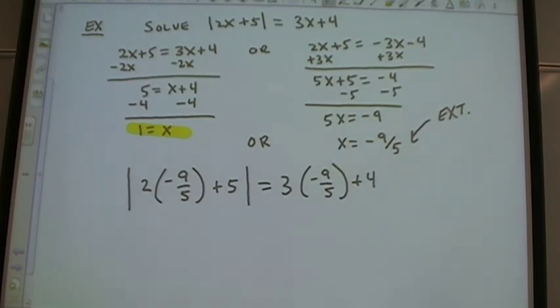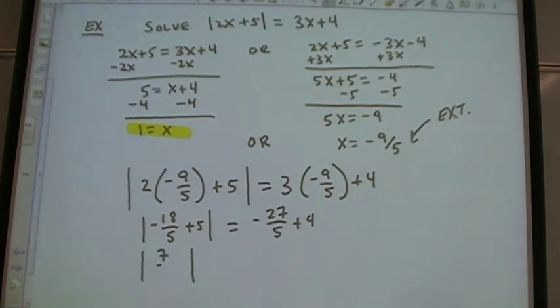What's 2 times negative 9/5? Negative 18/5. Plus 5. What's 3 times negative 9/5? Negative 27/5. What's your common denominator on the left? 5. So what does that simplify to? 7/5.